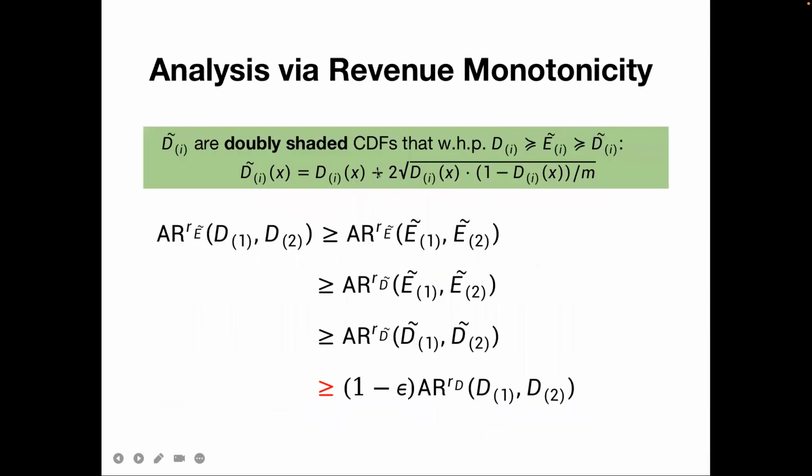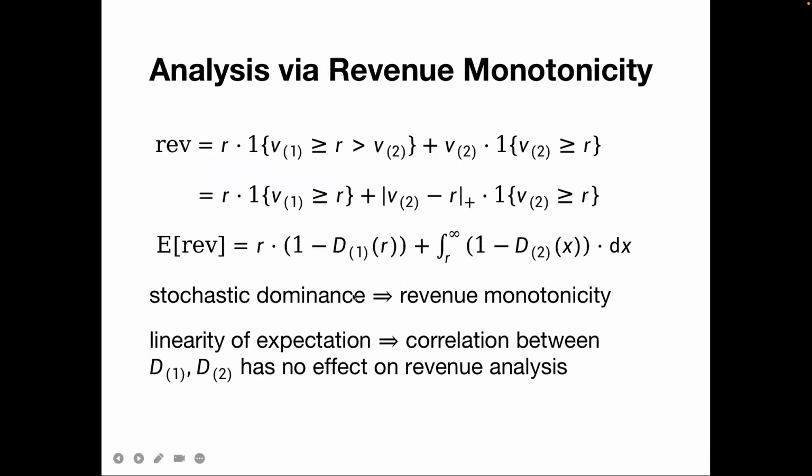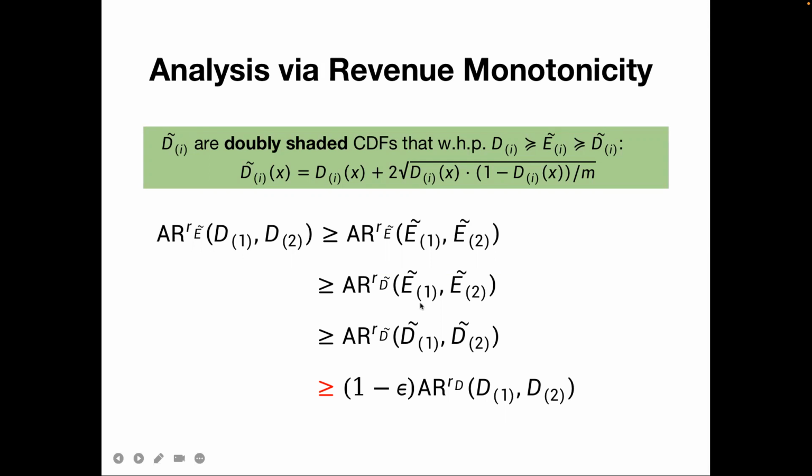But since the doubly shaded CDF is constructed from the actual distribution by shading twice as much, with high probability the empirical distribution is dominated by the actual distribution, but itself dominates the doubly shaded CDF. And using this stochastic dominance, together with the mentioned revenue monotonicity, we can obtain the following chain of inequalities.